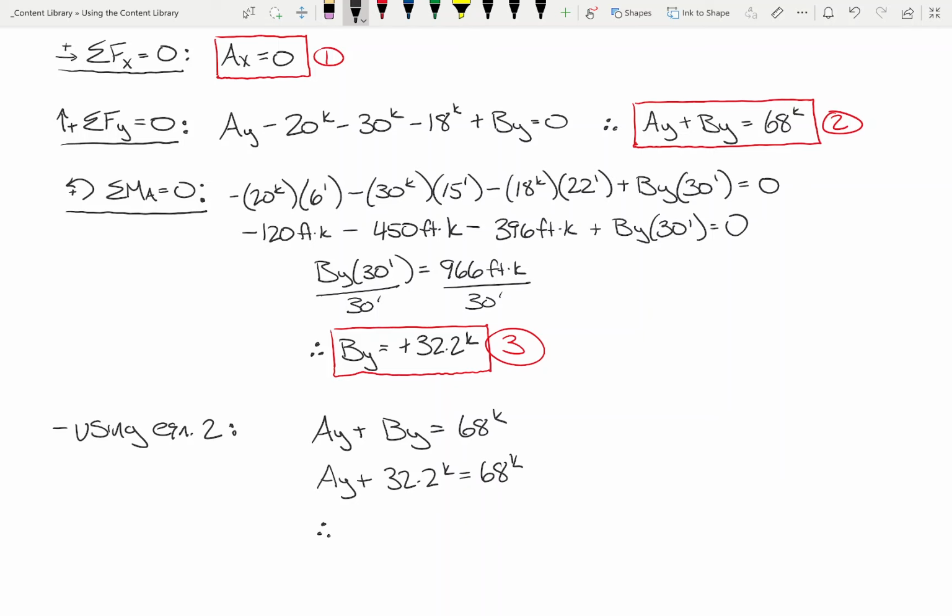And so if I plug in 32.2 and I solve for AY, it is going to be 35.8. And that it is also positive, right?